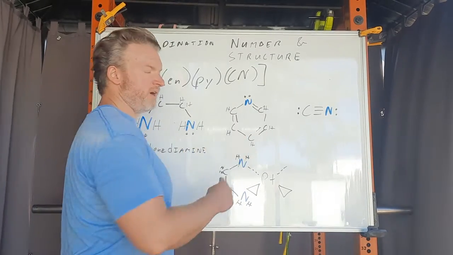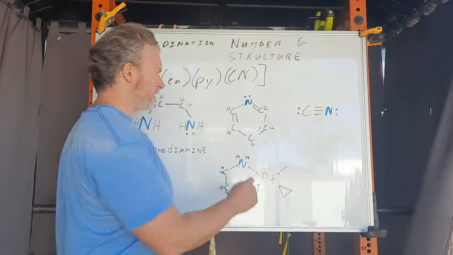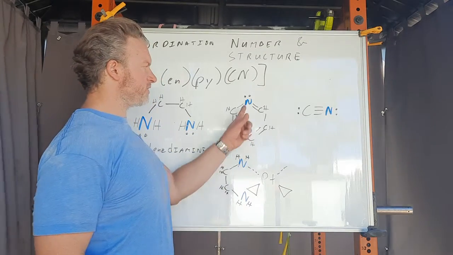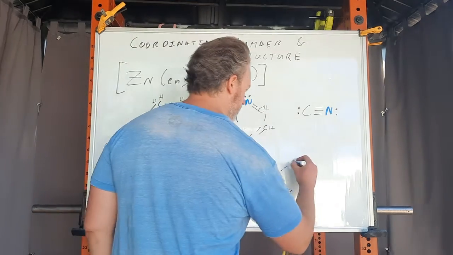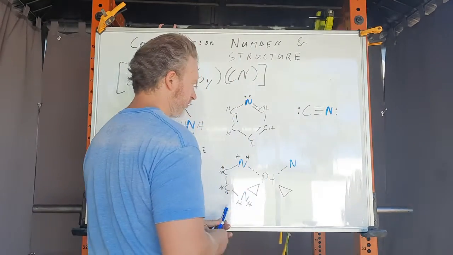The lone pair is going to donate to the metal center. So looking at the structure here, it's going to be a nitrogen donating to the metal center. I'm going to try to draw that right here.